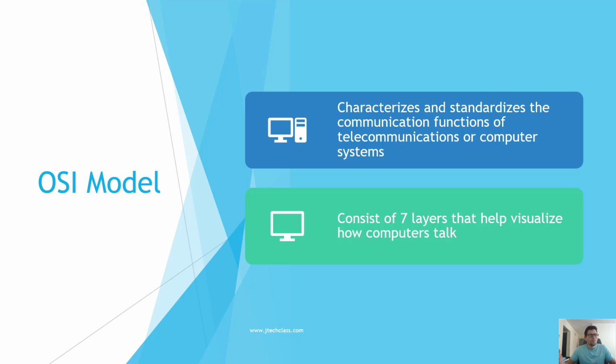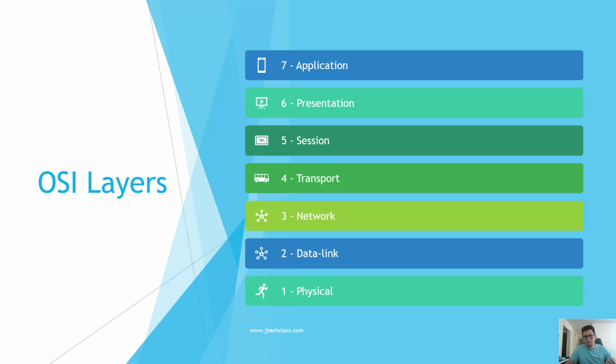Well, the OSI model just defines the standards that protocols must follow to ensure the communication. Now, the OSI model consists of 7 different layers that help us to visualize how computers talk. And when you get more knowledge of networks, the OSI model layers will allow you to troubleshoot network issues. So which are these layers?